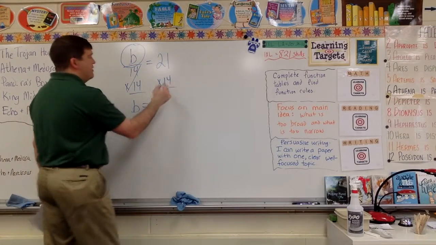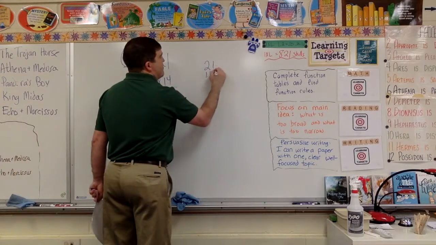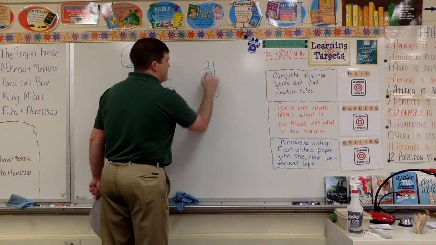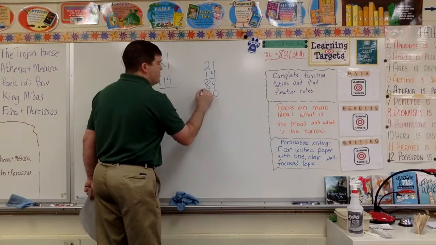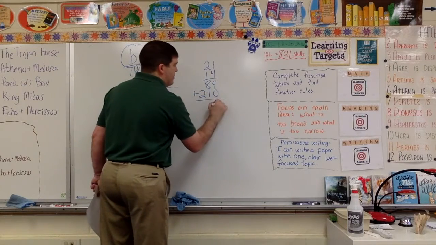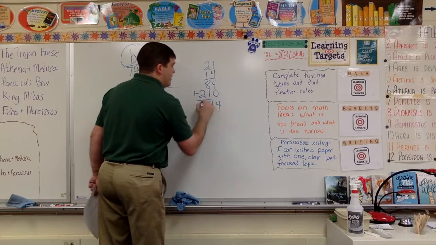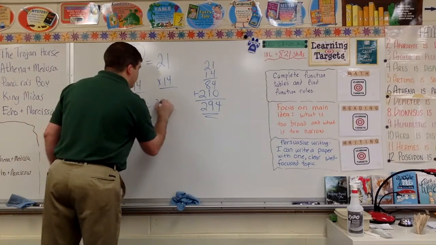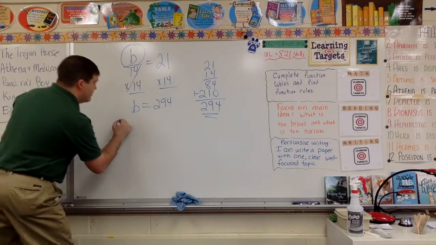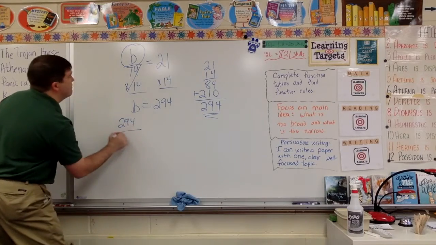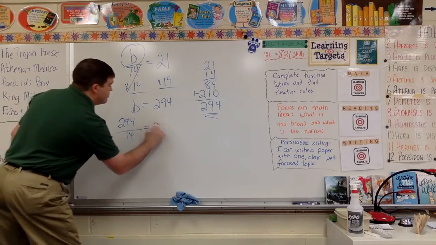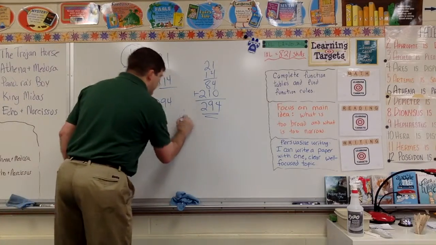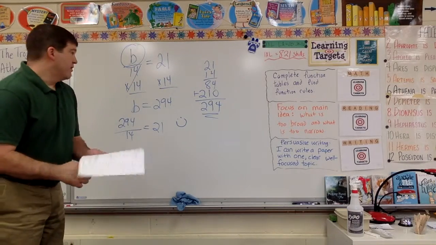B equals 21 times 14. 4 times 1 is 4. 4 times 2 is 8. Add my 0. 1 times 1 is 1. 1 times 2 is 2. Add these up. I get 294. So, 294 divided by 14 equals 21. If I do it on my calculator, I see that it is correct, and we're good to go.